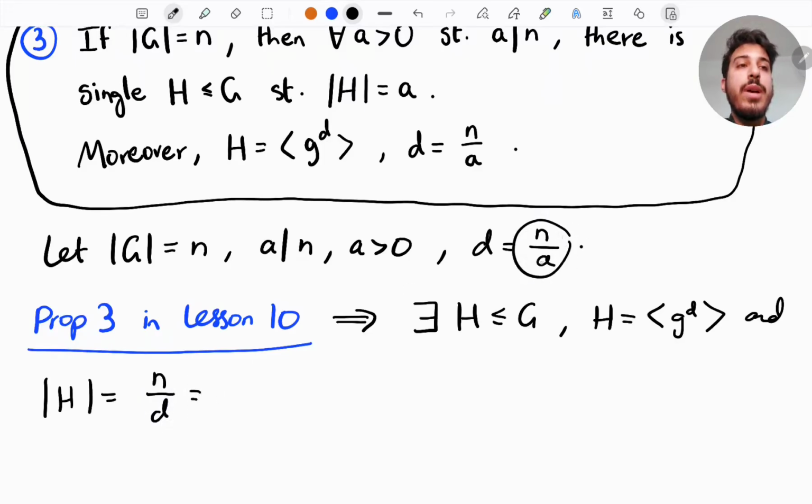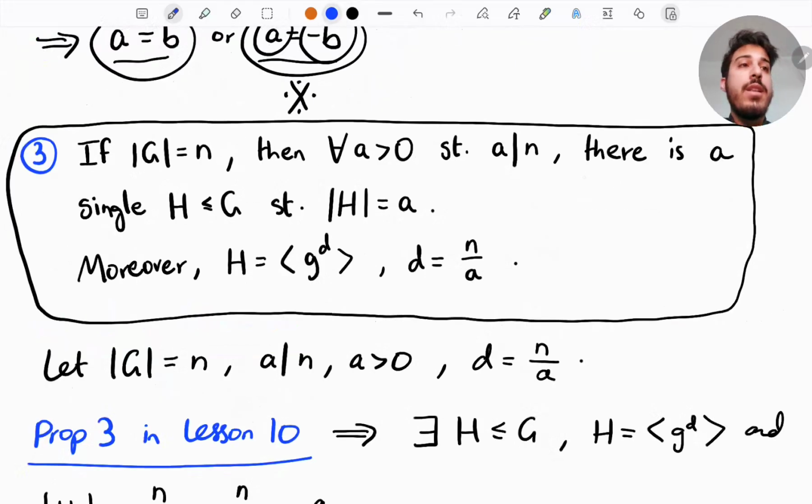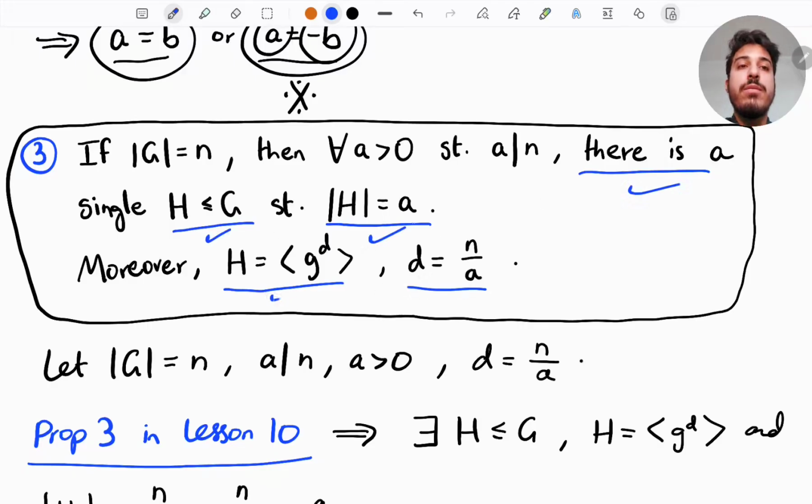But d is equal to n over a, so it's n over n over a, and that is equal to a. So we have just proven that there is an H that is a subgroup of G such that the order of H is a, and that H has this form where d is equal to n over a. So all of that has been proven now.